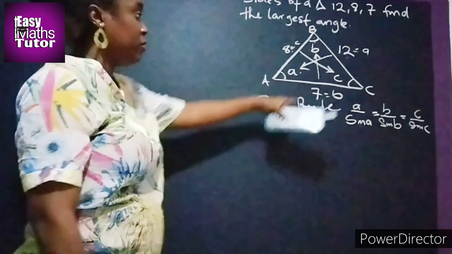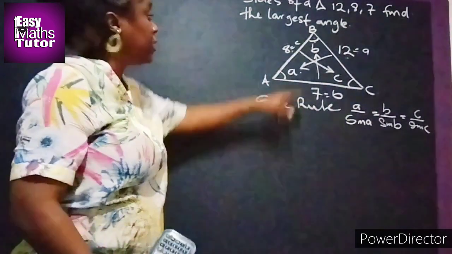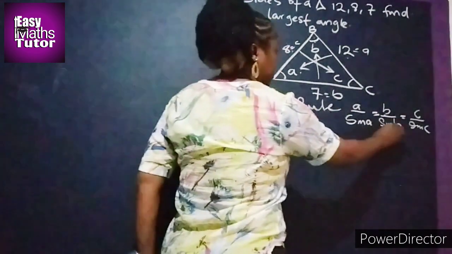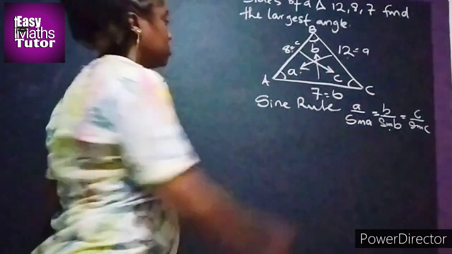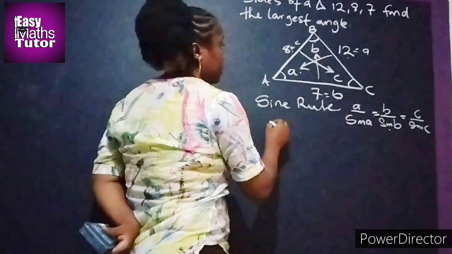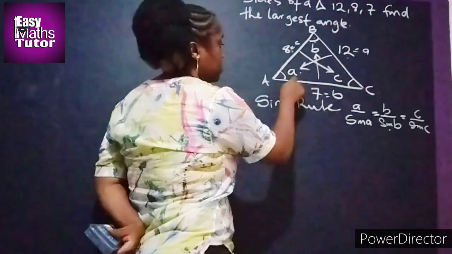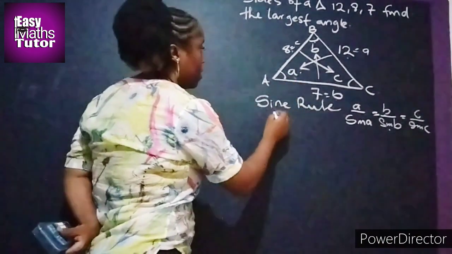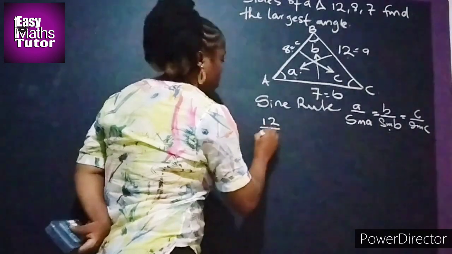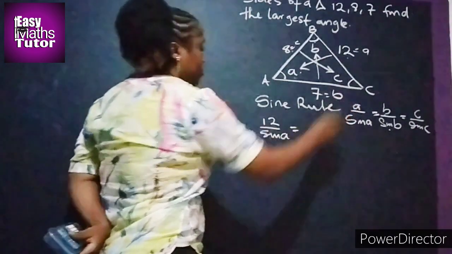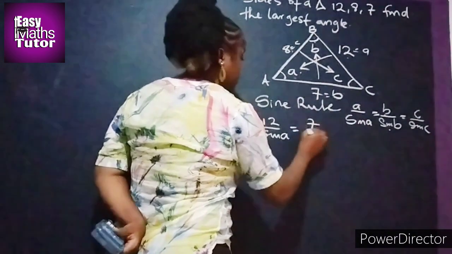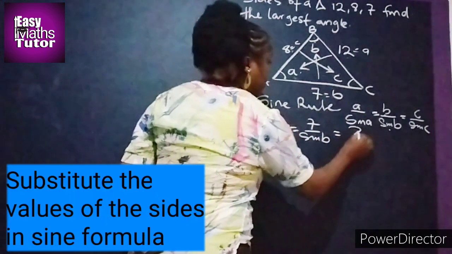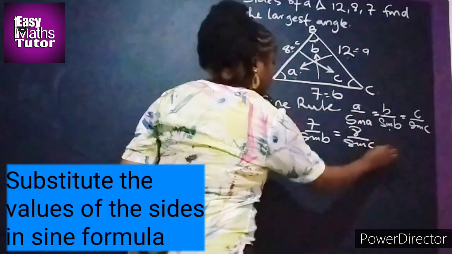My guess is the shortest side is going to have the largest angle opposite it, which is B. So I'm going to focus on B. We'll say A is 12 over sine A, B is 7 over sine B, and C is 8 over sine C.